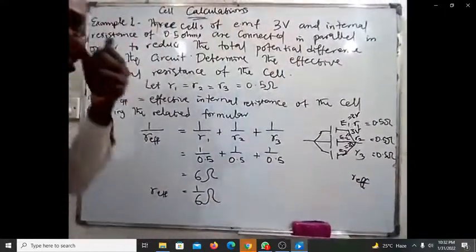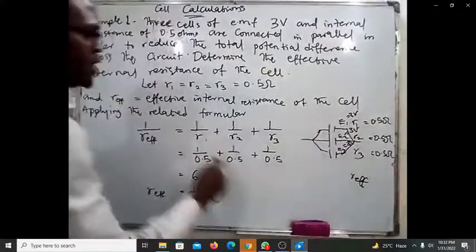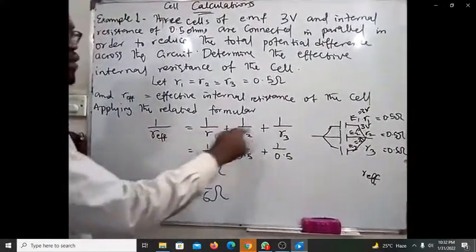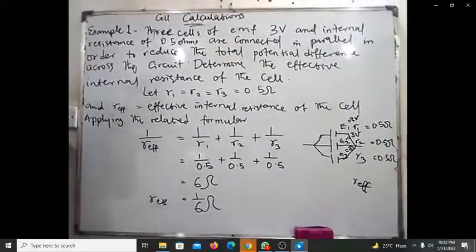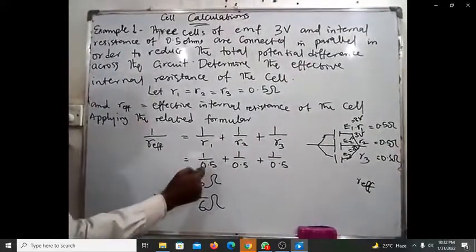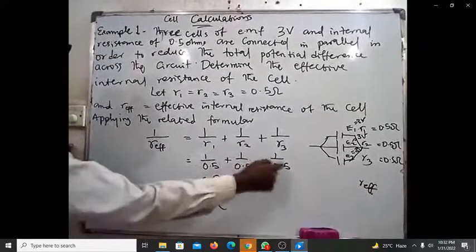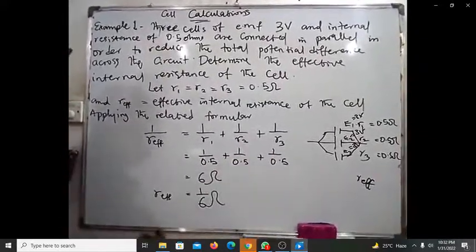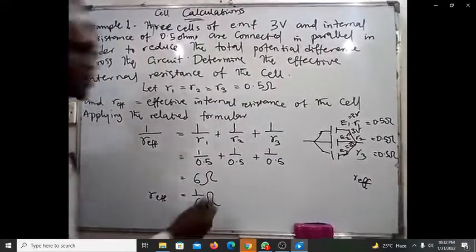Because this is in parallel, what formula are we going to use? 1 over the effective resistance equals 1 over R1 plus 1 over R2 plus 1 over R3. R1 is 0.5, R2 is 0.5, and R3 is 0.5. So you get the LCM. How did we get 6?